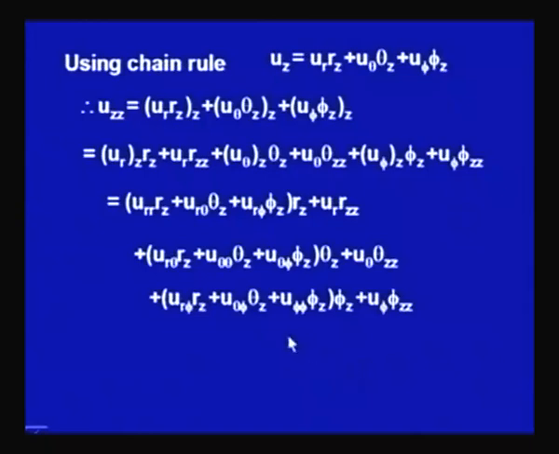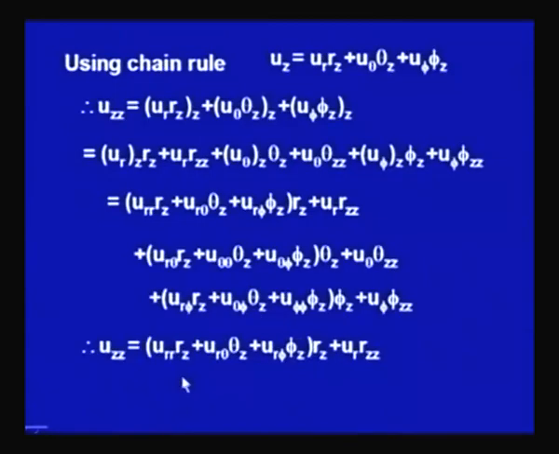Now you see that our theta was a function of x and y only. It was not a function of z. So theta_z, the derivative of theta with respect to z, and the second derivative of theta with respect to z, are 0. That is, this middle term goes out, this is simply 0, and here also this term goes to 0, this term will also go to 0.